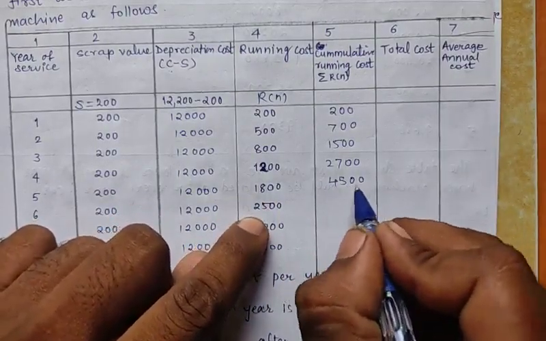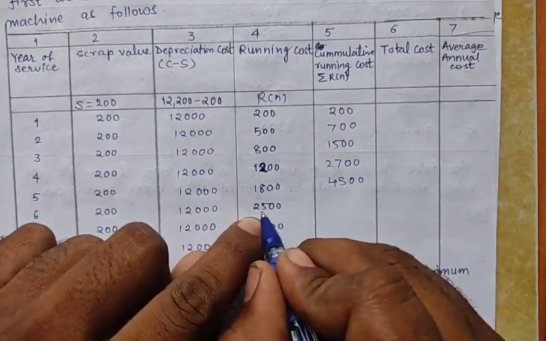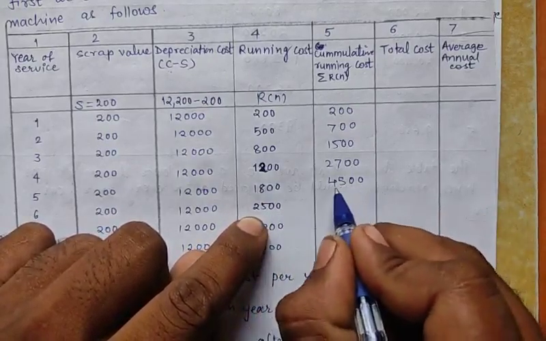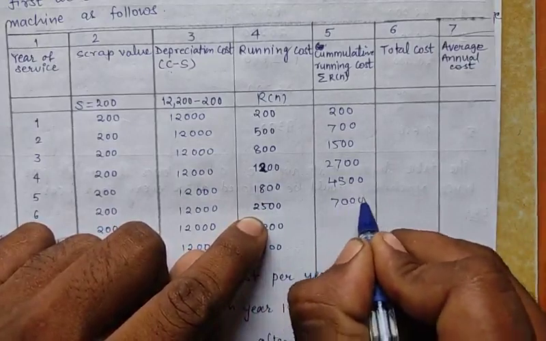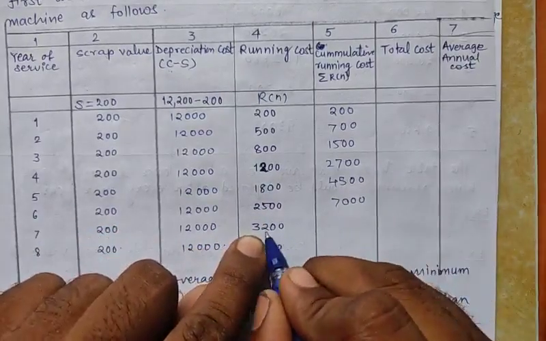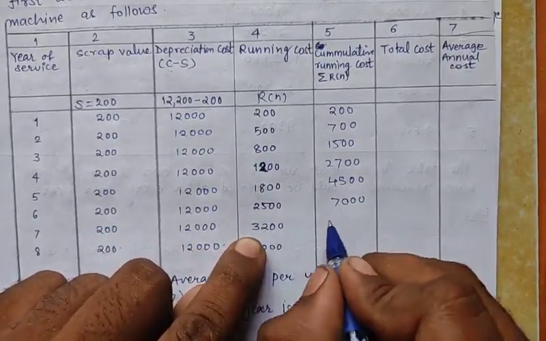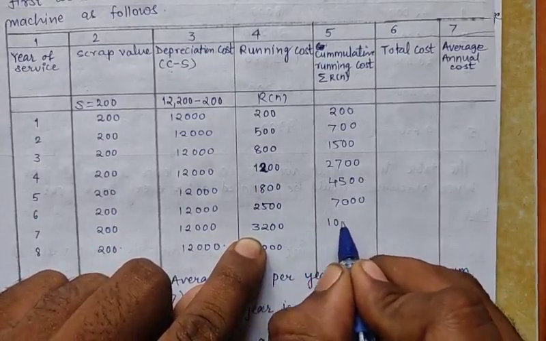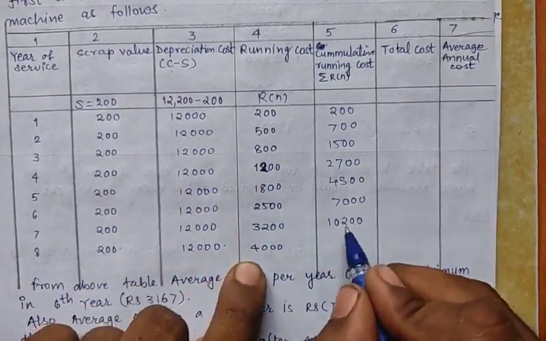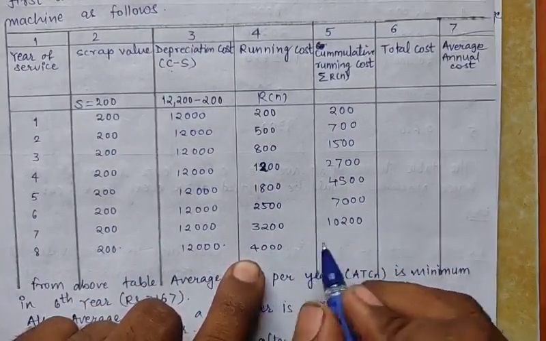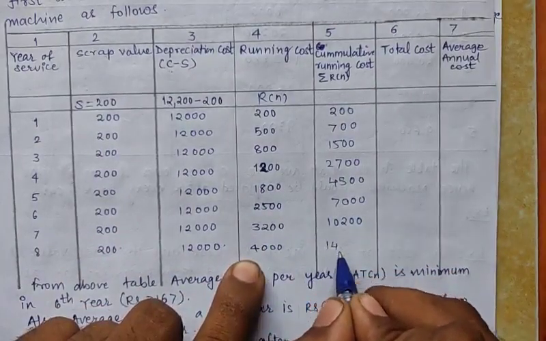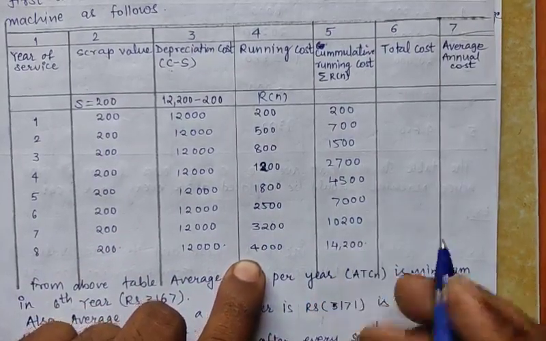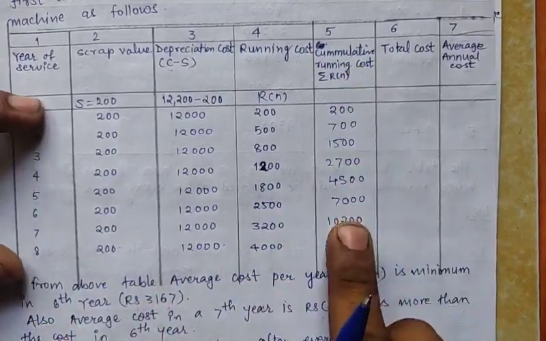Okay, add this 4500 with 2500, we get 7000. Now add this 7000 with 3200, we get 10200. Add this 10200 with 4000, we get 14200. So this is the cumulative running cost.